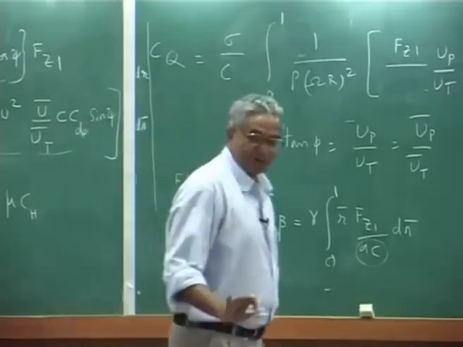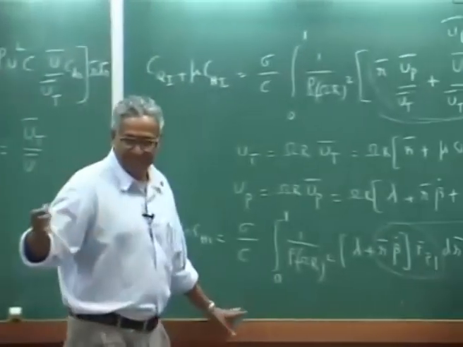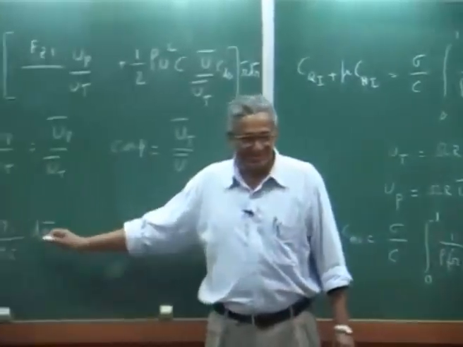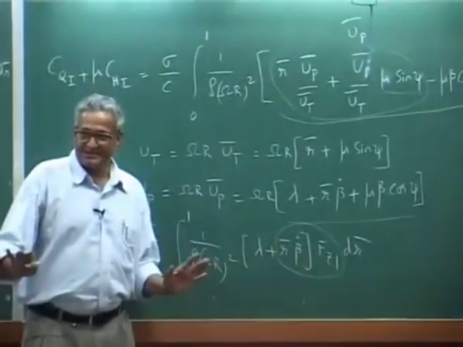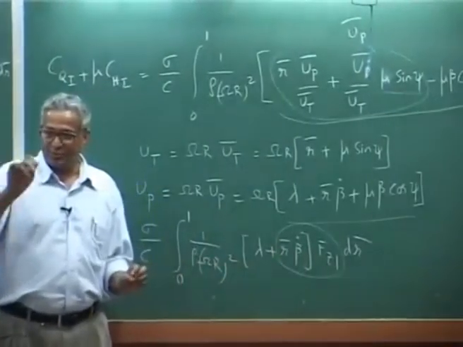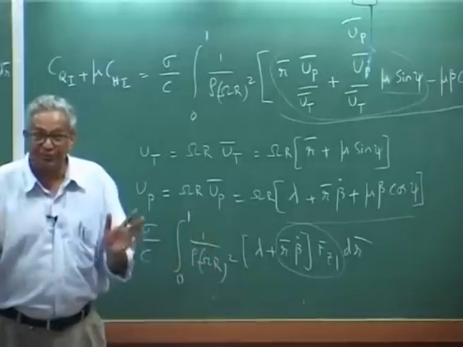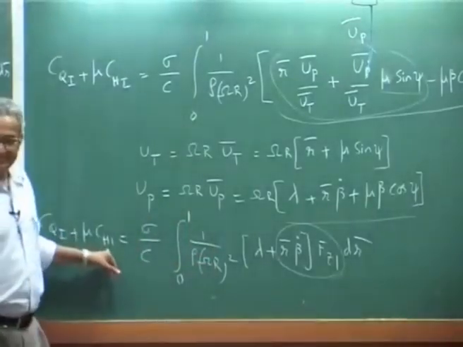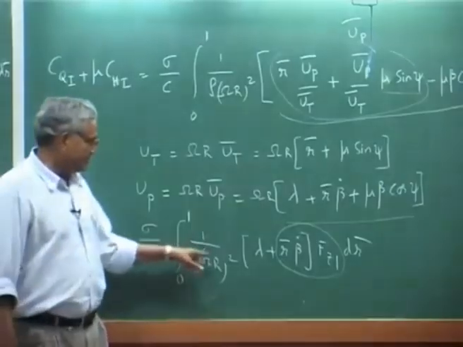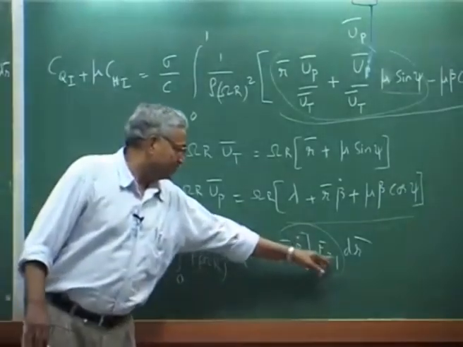For the proof, you have to substitute this here. I will show that that quantity has to be identically 0. So the CQI plus mu CHI will simply become lambda FZ1 dr bar.